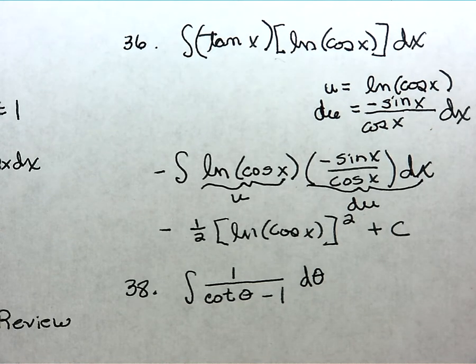And I probably wouldn't have thought of that at first. I would have said, is there a way I can split that into two fractions? No. Can I let the denominator be the whole u? No, I'd have to have a negative cosecant cotangent in there.